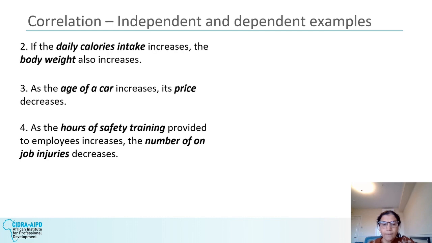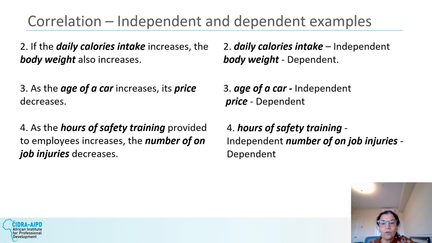If you have written your answers, check them now. Independent variable in the first example is the daily calories intake. Body weight will depend on it. Daily calories intake is something that can be manipulated. The person can decide how many calories to take every day.